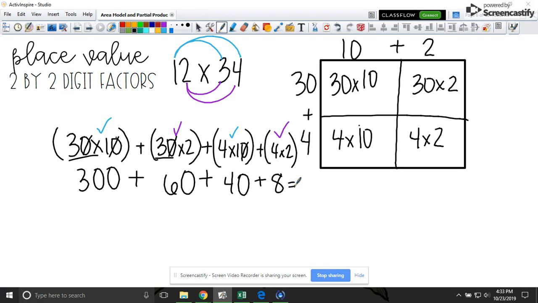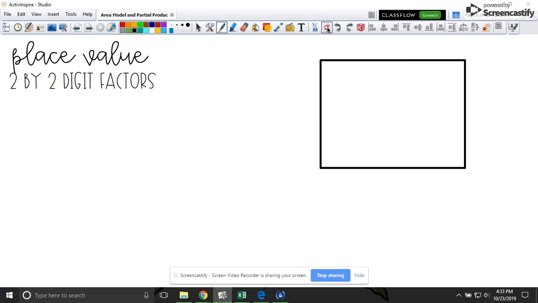So the next time we're going to do it, we're not going to do it with the area model. I'm just going to show you a little bit different way to look at it. So the next problem that we did was 46 times 35. All right. And what I'd like for you to see is that we're going to do 40 times 30 and 40 times 5.